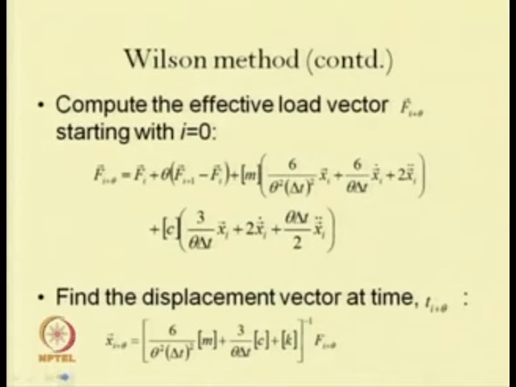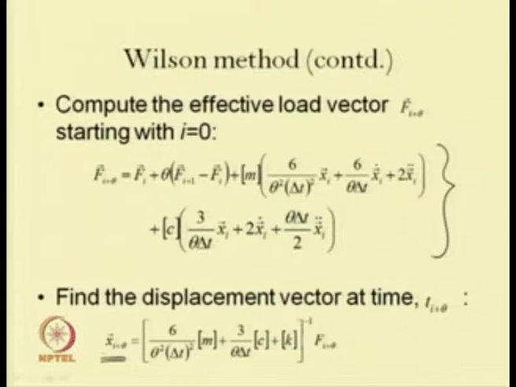So, f I plus theta can be obtained using this expression. Then, as we are assuming acceleration to be linear between 2 points, we can find x I plus theta instead of finding x I plus 1 as in the case of the previous method. Here we are finding it after theta.